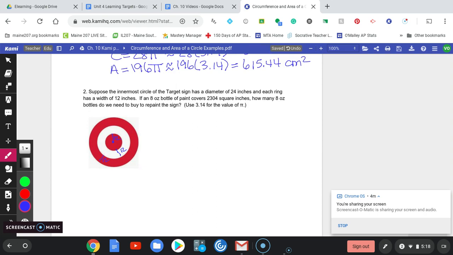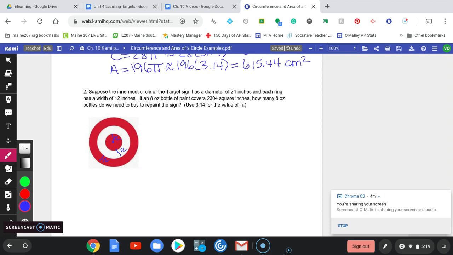If an 8-ounce bottle of paint covers 2,304 square inches, how many 8-ounce bottles of paint do we need to buy to repaint the sign? And they ask you to use 3.14 for the value of pi.